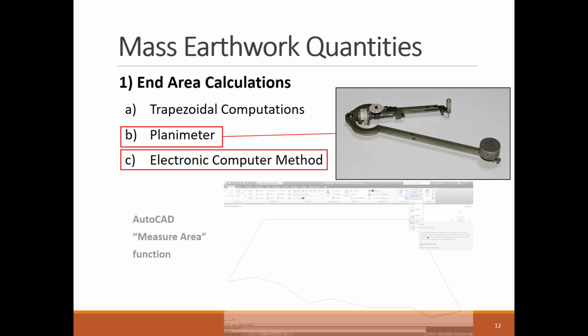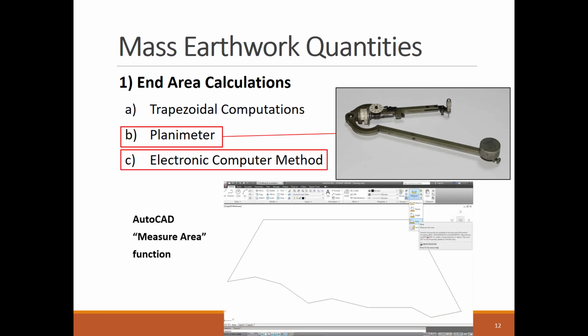The third calculation method utilizes computer-aided drafting (CAD) software tools to calculate the area of a shape. In AutoCAD, which is one of the available commercial CAD software products, you can use its command measure area to find the area of a regular shape.